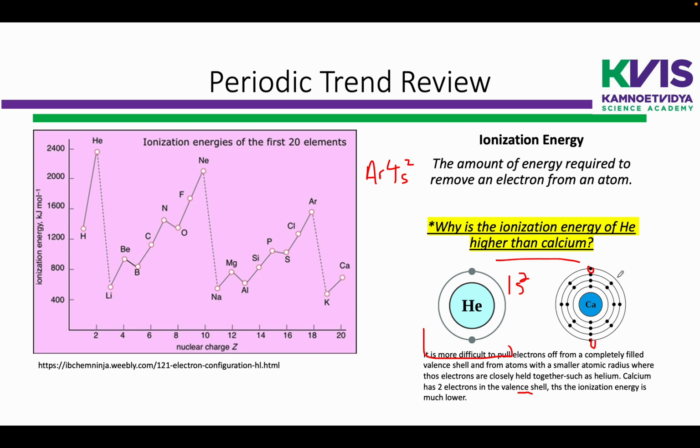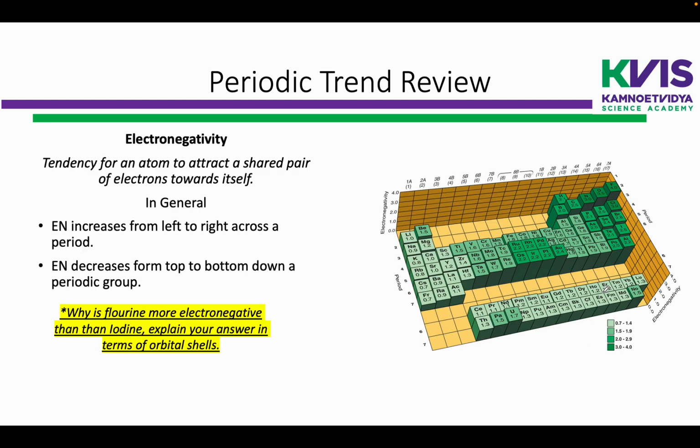Okay, so you also do have 2 electrons in the valence shell here, but the ionization is much lower because the atomic radius of calcium is also much larger. So we always talk about the nuclear charge, right? The charge, the attractive potential pulling on the electrons in the outermost orbital. So we feel that nuclear charge to a smaller extent.